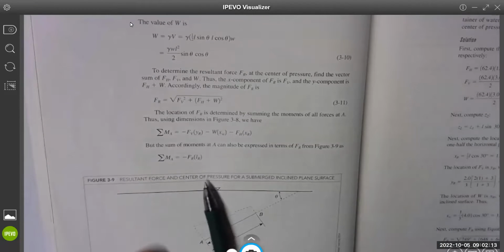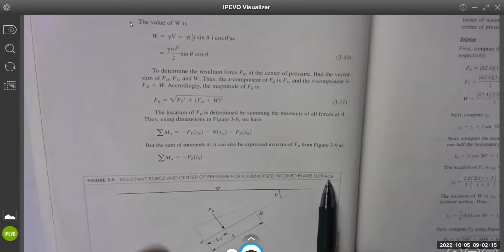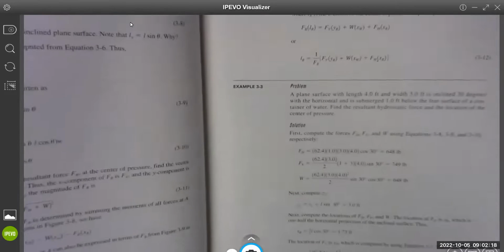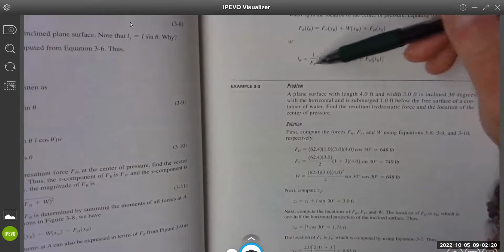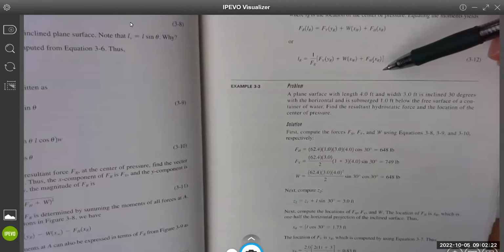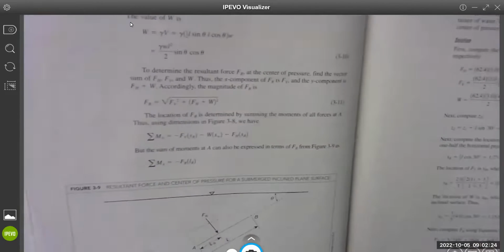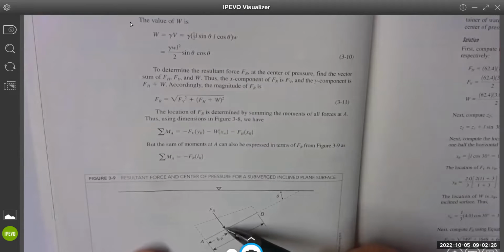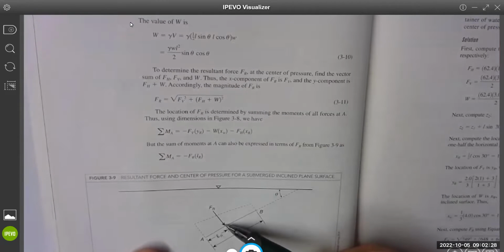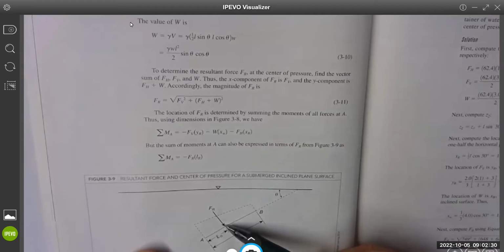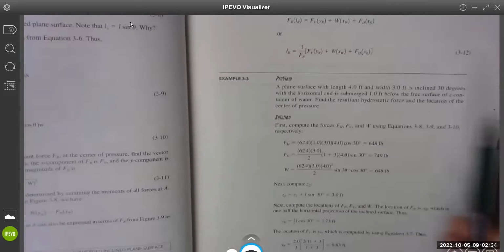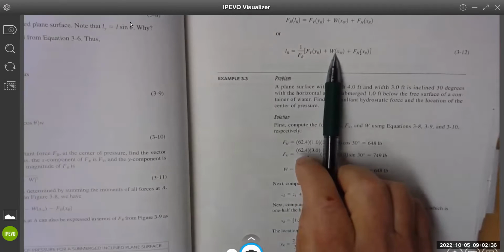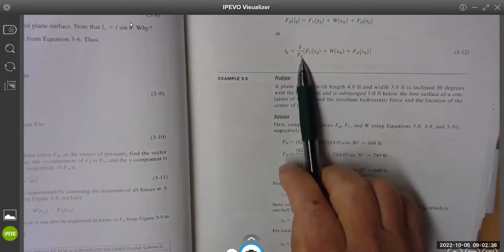So resultant force and center of pressure for a submerged inclined plane surface. They work it out here to get the location of that force. So we can calculate the force, but getting the location is a little bit tricky with this shape. So I'll use this one, right? But we need F sub r before we can run this.